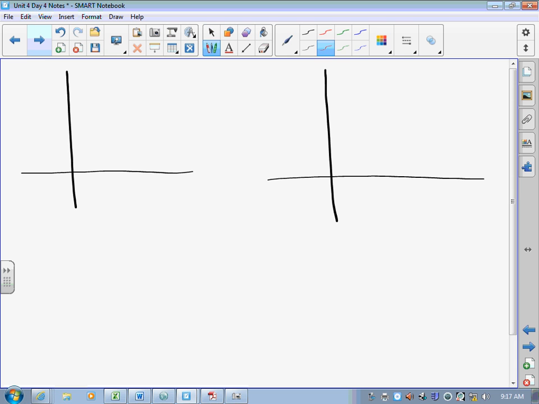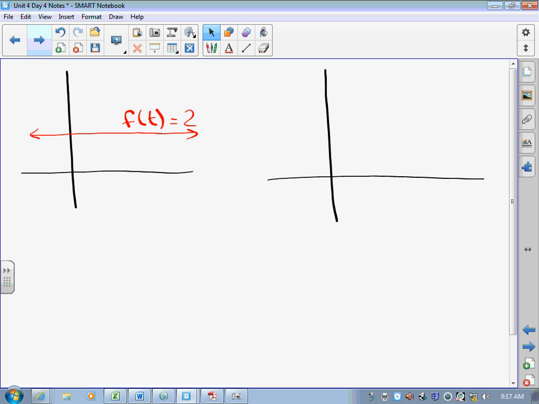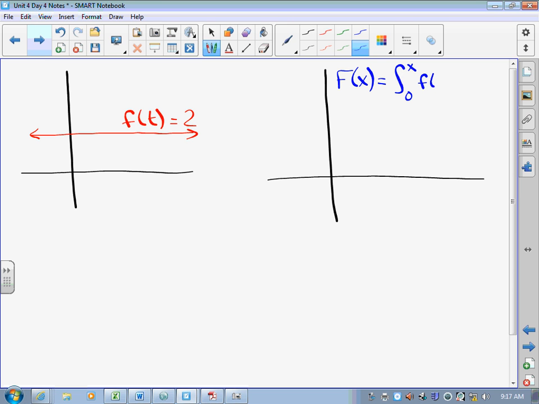So let's pretend that little f of x is a number. Let's do that nice and easy. Let's say it's 2. Let's say that little f is the function 2. And let's say that capital F of x is the integral from 0 to x of f of t dt.